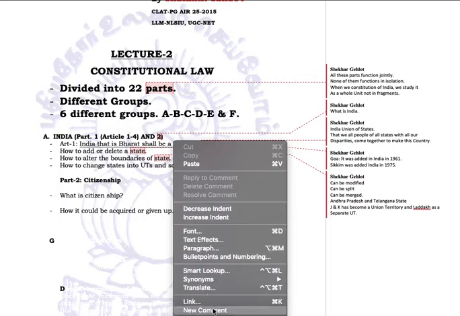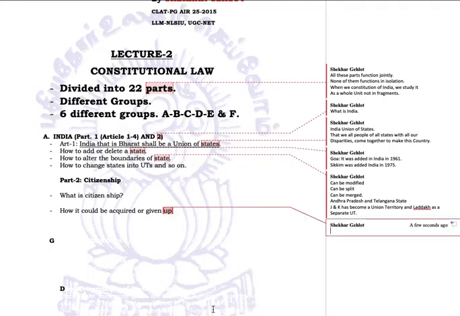Now, as of now, as per the Citizenship Act, there are different ways of acquiring citizenship of India. Like by birth, if you are born to any Indian citizen.